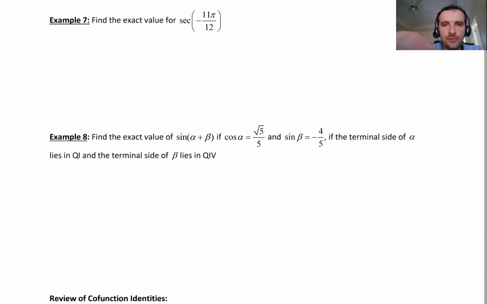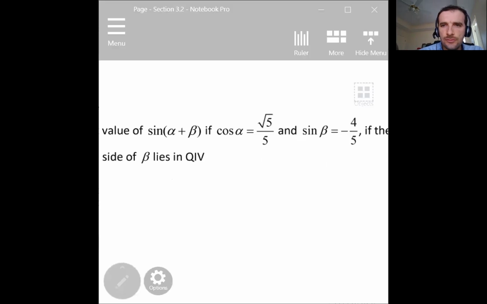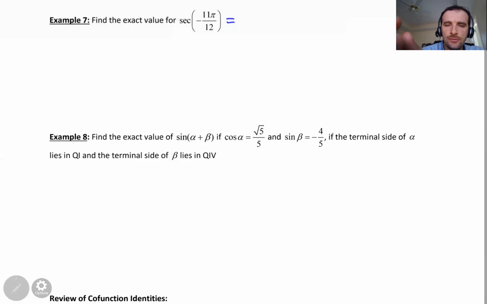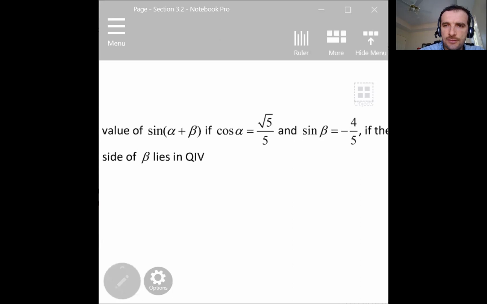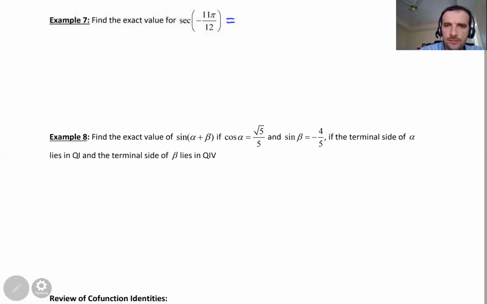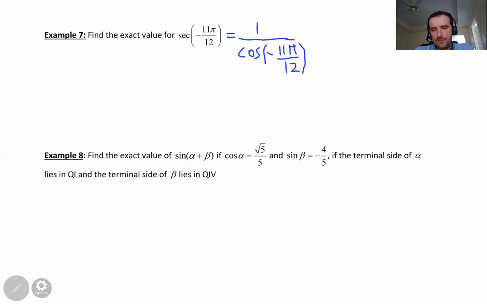So this is exactly equal to 1 over cosine of negative 11 pi over 12.